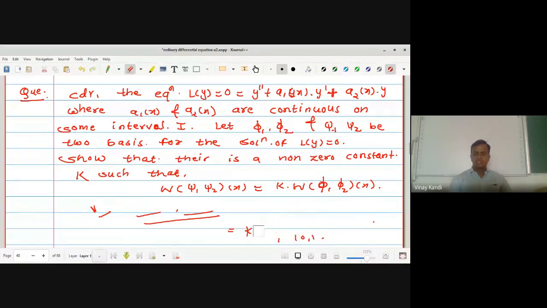Hence the basis is not unique for any vector space. We cannot say that a vector space has a unique basis. Okay, so here phi1 and phi2 is the basis, and another basis is psi1 and psi2. If two bases are there, then the relation between those Wronskians is as follows: rho skin of psi1 psi2 of x is equal to k into rho skin of phi1 phi2 at x, where k is a non-zero constant.